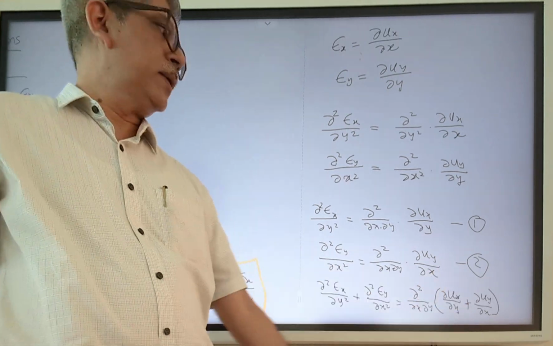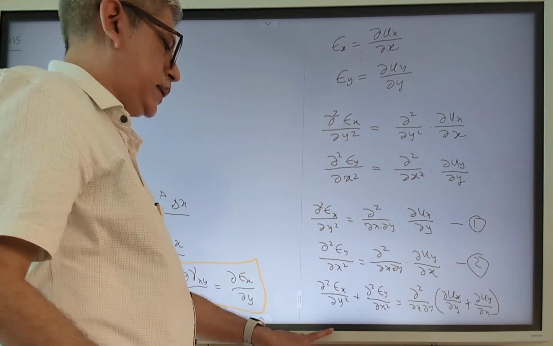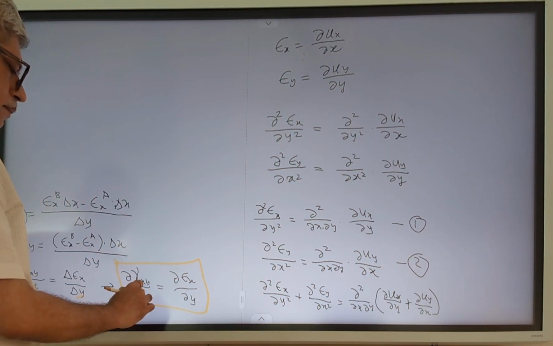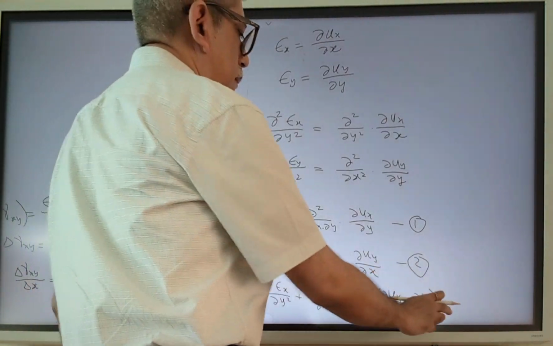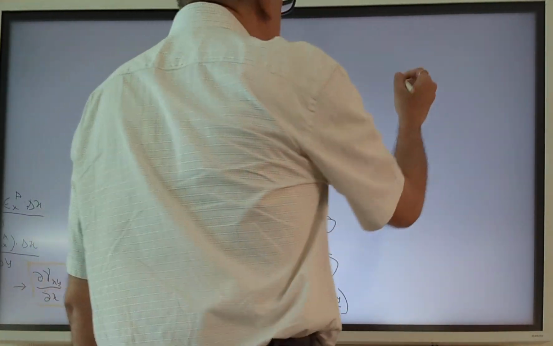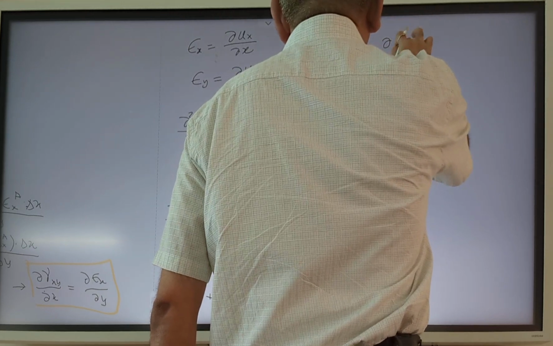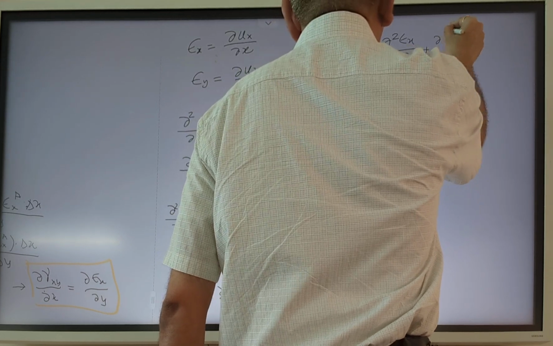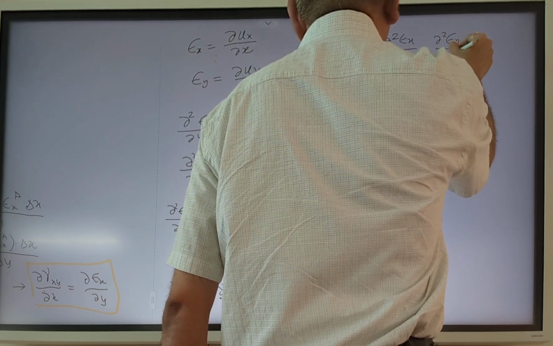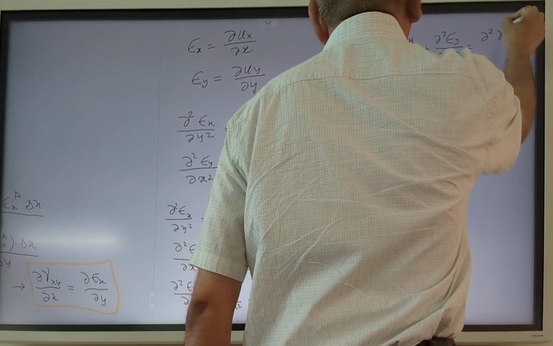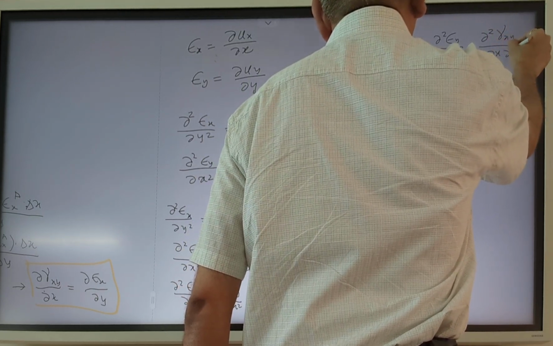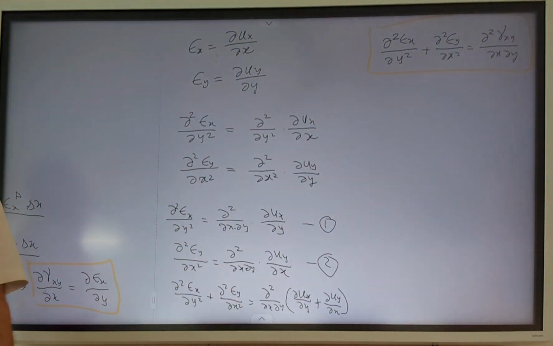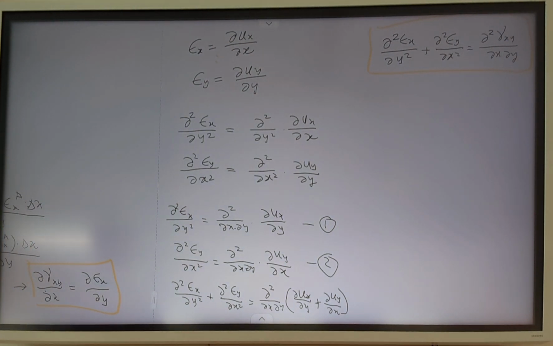That is the gamma xy. So what equation we get at the end of this? This is called as the first compatibility condition.